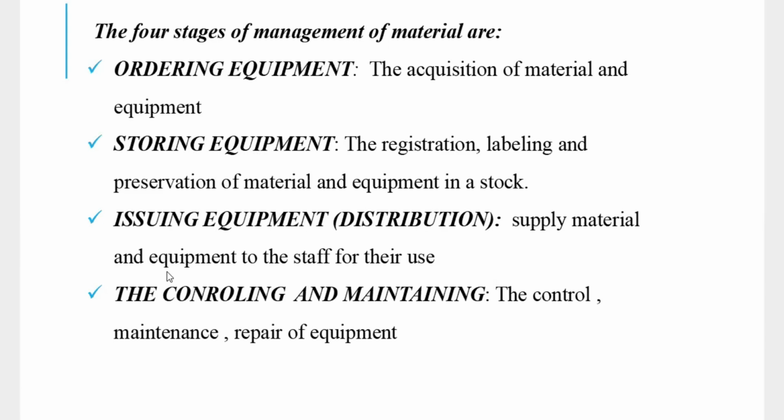Issuing equipment: when the equipment is in the store, you also have to request it, and it is supplied to the staff for their use. Control and maintaining is all about maintenance or repairing. In maintenance, we have 2 types: preventive maintenance and curative maintenance.